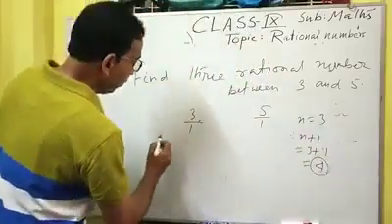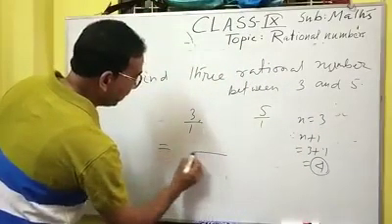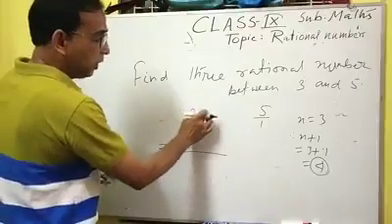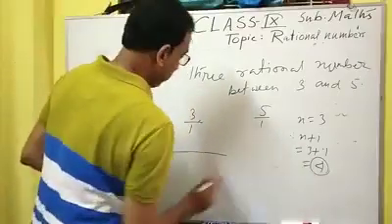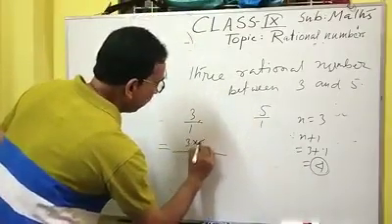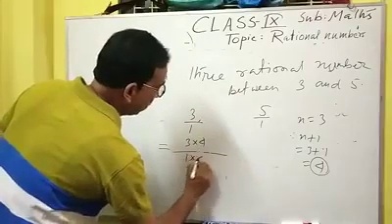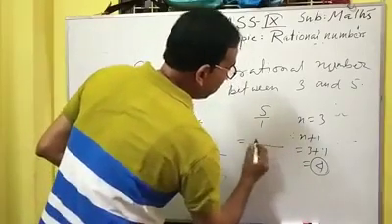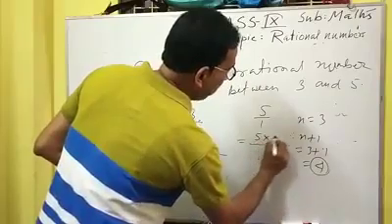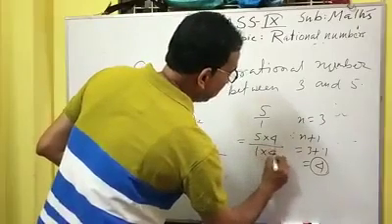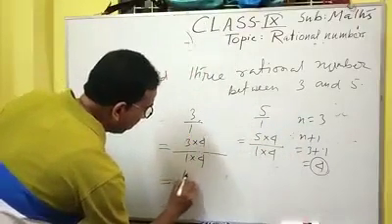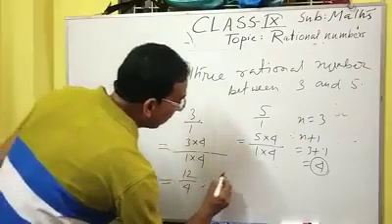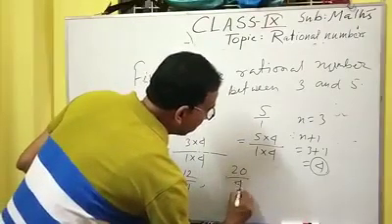Now we have to multiply both the numerator and denominator by 4. 3 into 4 by 1 into 4, similarly 5 into 4 by 1 into 4. So 12 by 4, 20 by 4.